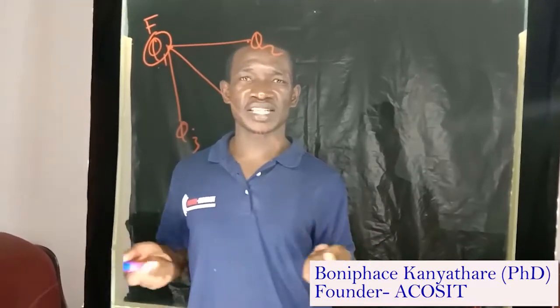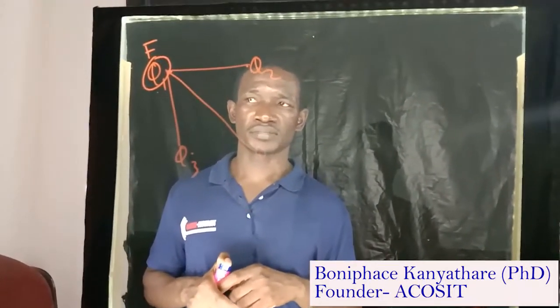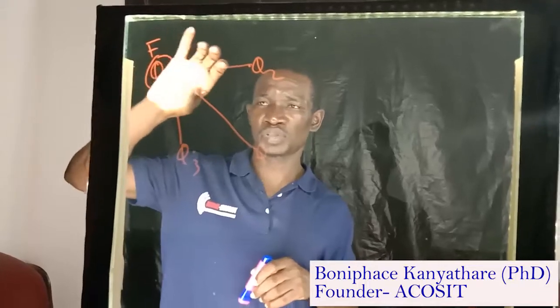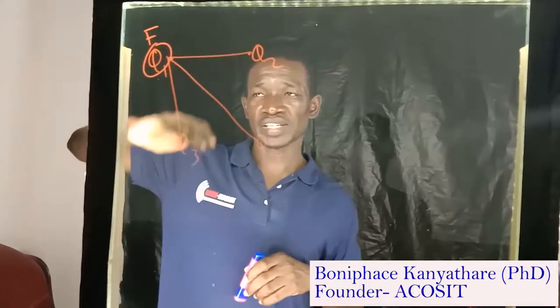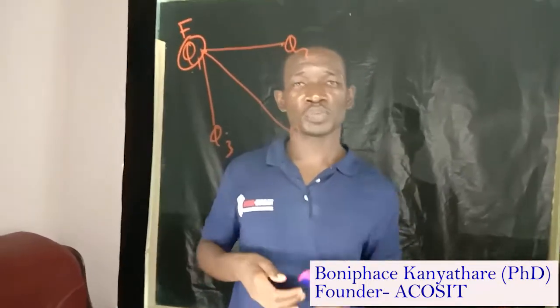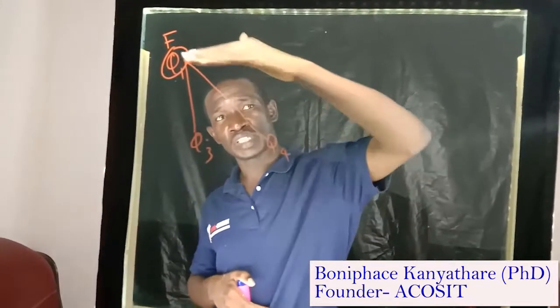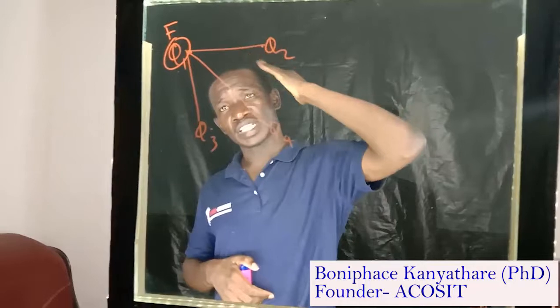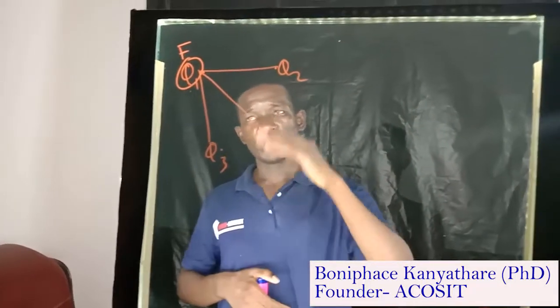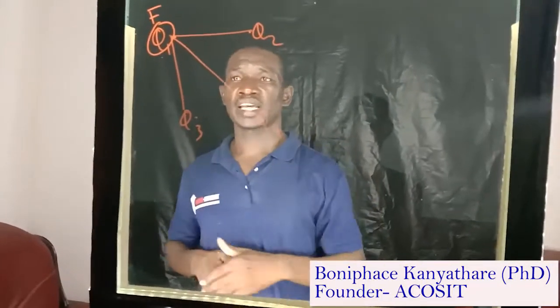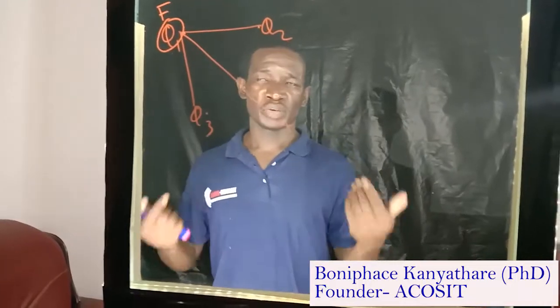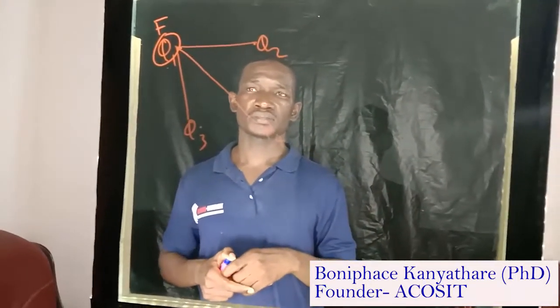And just find the resultant force. So if we're looking particularly for Q1 with respect to all the other charges, we use the principle of superposition. So we sum up the force at Q1 due to Q2, force at Q1 due to Q4, force at Q1 due to Q3, and we sum these together, we get the force.